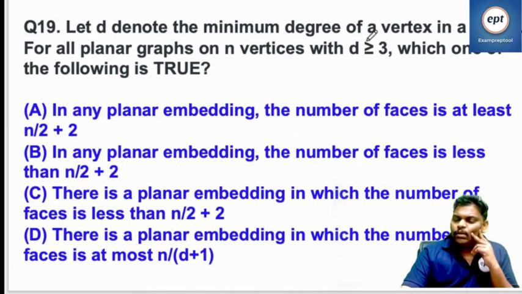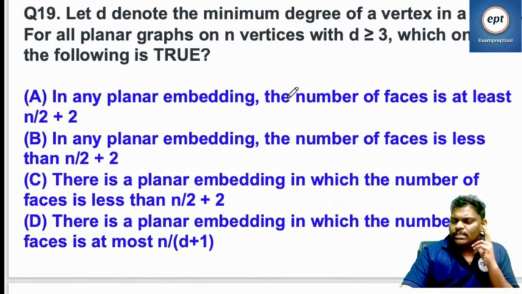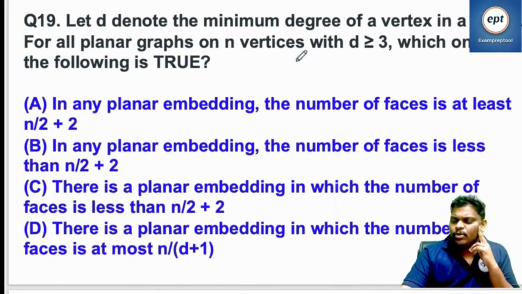For all planar graphs on n vertices with minimum degree D greater than or equal to 3, which one of the following?